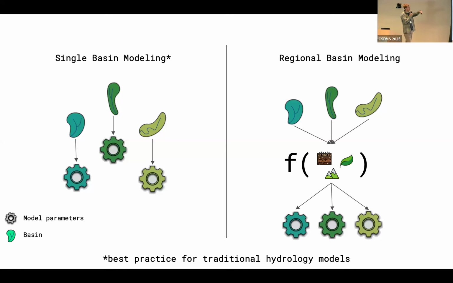This usually gives us the best results for our model. Then there's regional basin modeling, where we have a second auxiliary model that we provide information about the catchment attributes. And then this auxiliary model, this meta model, generates parameters for this region. This is the only way how we can apply models globally, because in a lot of places we don't have observations.